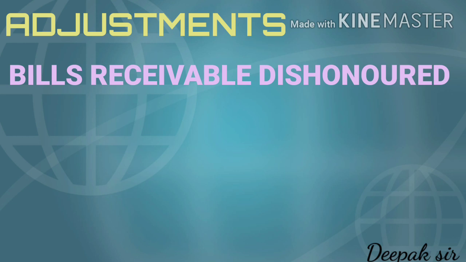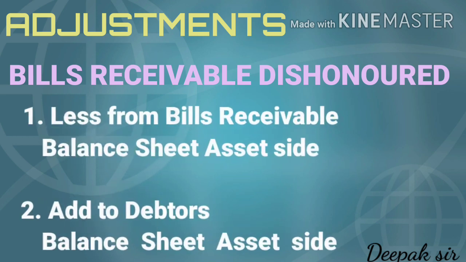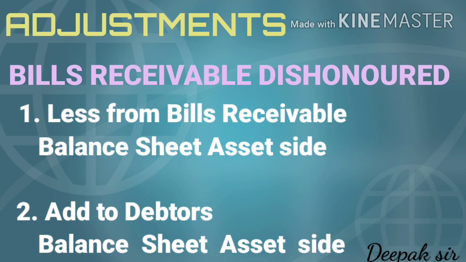Now since we are not going to receive the amount, the first effect we have to pass is to deduct the amount of bill from bills receivable. So the first effect will come in balance sheet asset side, deduct from bills receivable. We are deducting from bills receivable because the bill is cancelled, it is dishonored.